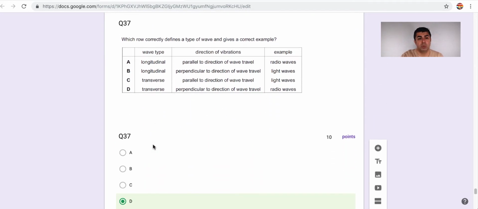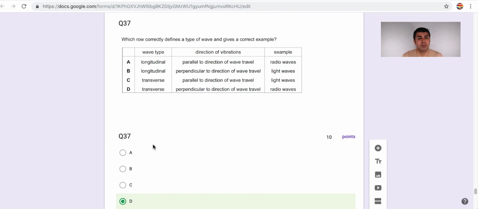Question 37. Which row correctly defines a type of wave and gives a correct example? Well, the answer is D, because it's transverse, which is perpendicular to the direction of travel, for example, radio waves. Let's look at why it's not the rest. Longitudinal waves are parallel to the direction of travel in A, but radio waves are light waves.